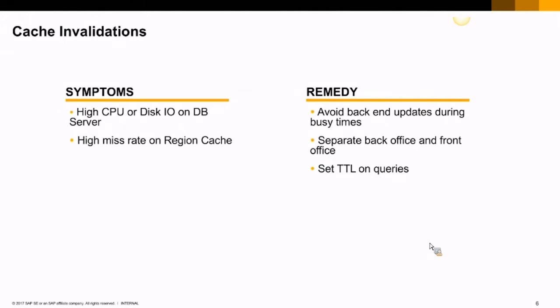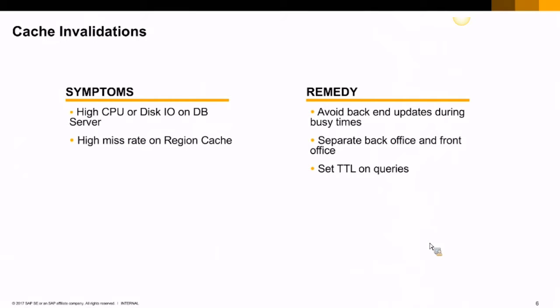Another typical issue is related to invalidation of the cache. Again, here we speak about the cache for the flexible search queries, so the cache in the Hybris ORM. When you have, for example, a cron job doing a synchronization or importing catalogs, this kind of stuff, you can have a lot of writes on the back office.